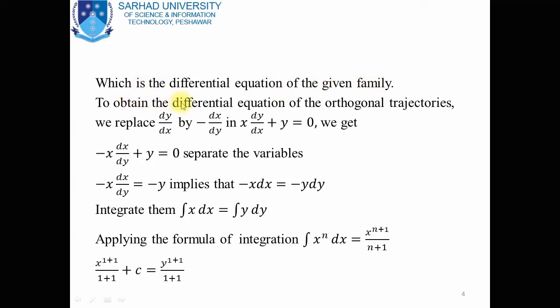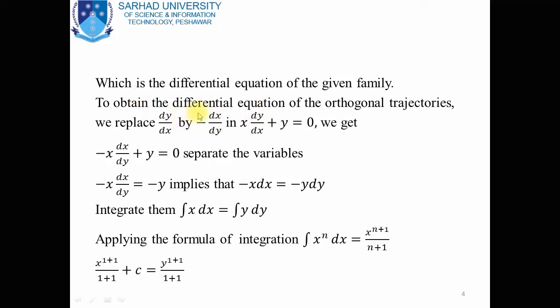Now to obtain the differential equation of the required orthogonal trajectory, replace dy by dx with minus dx by dy. Why do we replace dy by dx with minus dx by dy? Because we know that when two geometrical figures are perpendicular, then their slopes are negative reciprocals. dy by dx actually represents the slope.